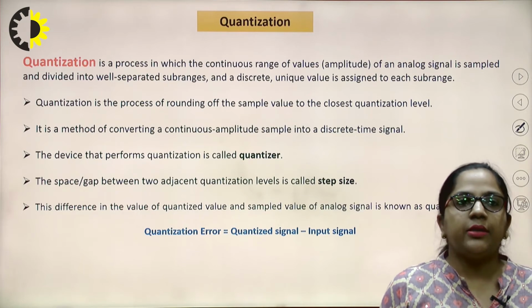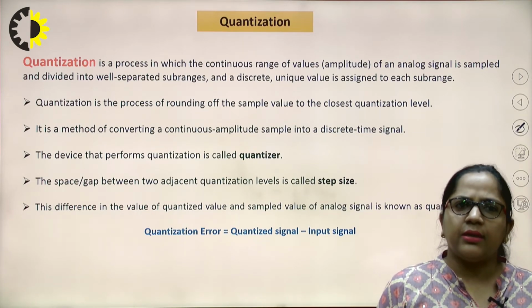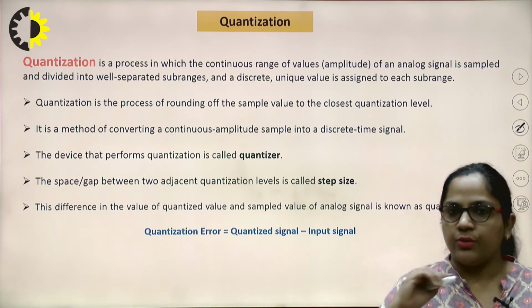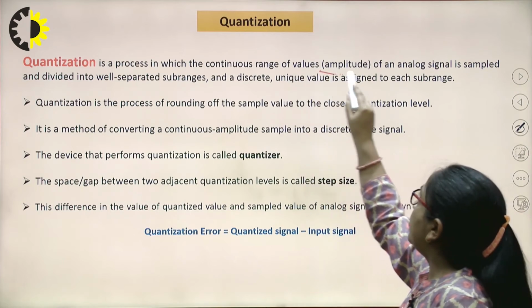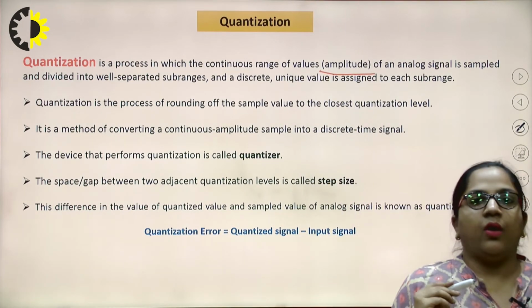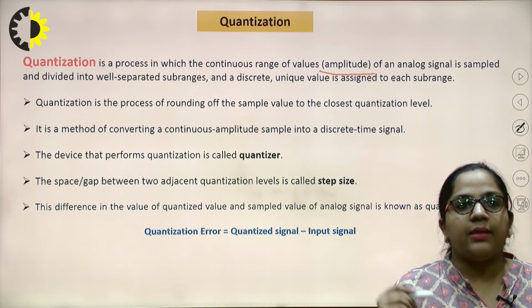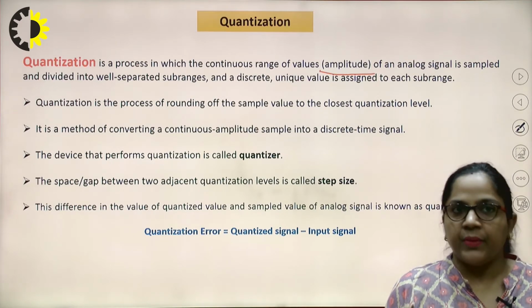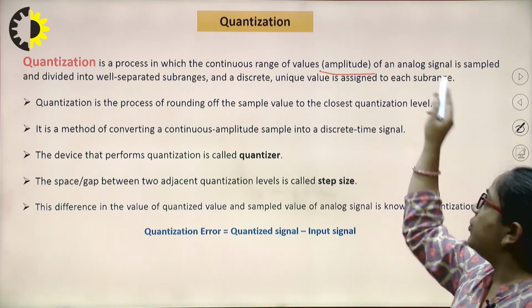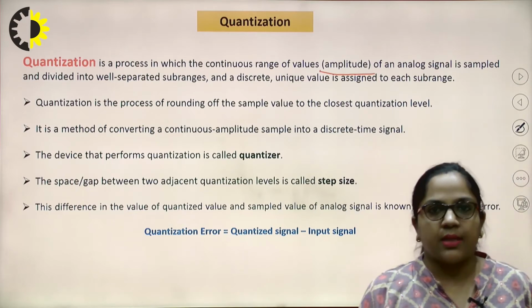So quantization is a process in which the continuous range of values, that is the amplitude of an analog signal, is sampled and divided into well separated sub ranges, and a discrete unique value is assigned to each sub range.